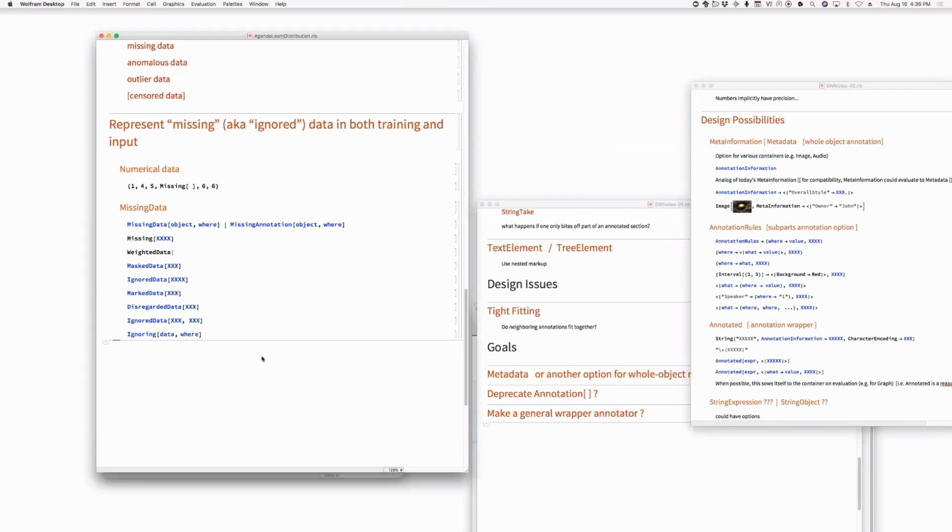But the problem is that there are two cases here. The two fundamental cases for annotation are annotation from outside, and annotation with annotated data elements.